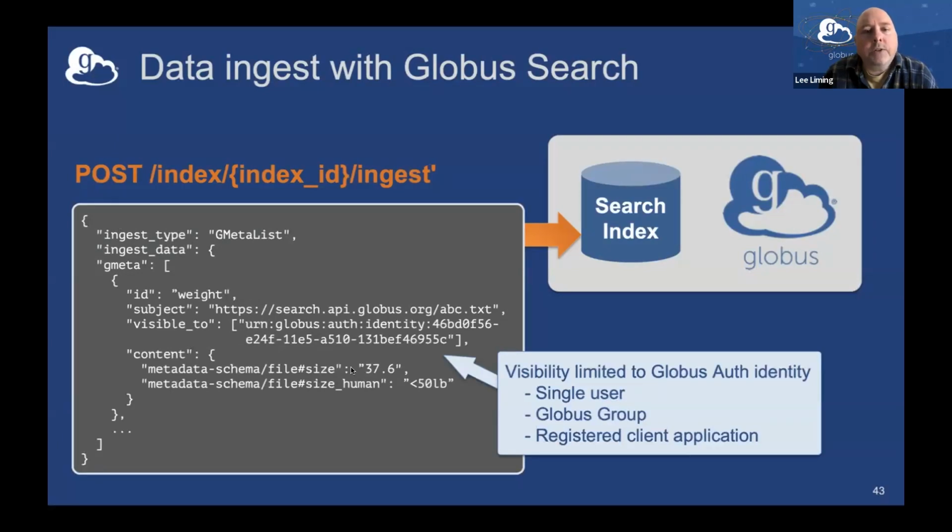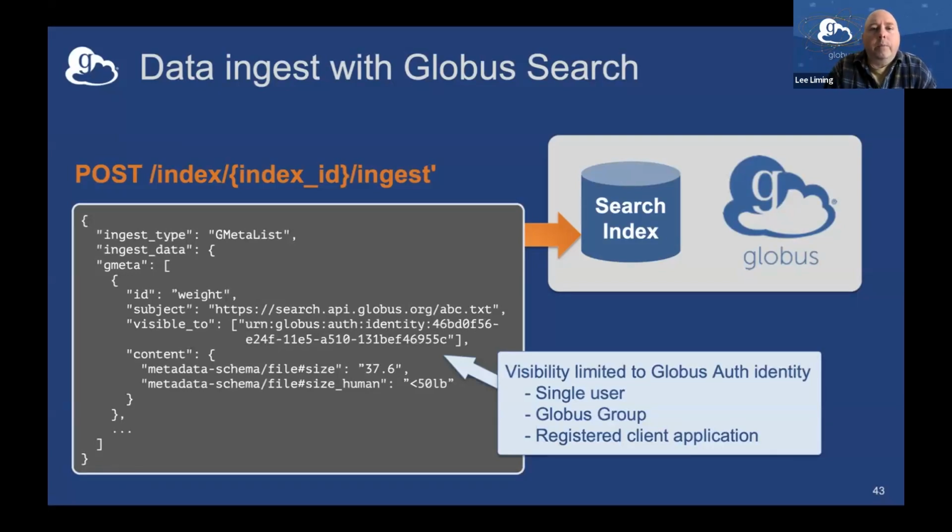It can be size, it can be a person, it can be the size of the person who this data is about, doesn't matter. In that visible to field, instead of making it public, you can say, I want this thing to only be visible to a particular person. And this is the Globus auth ID for that particular person.